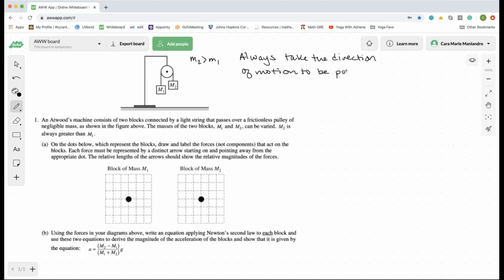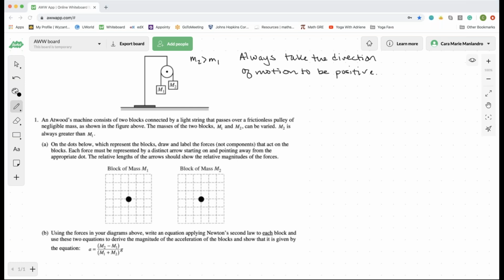Okay, so the first thing that they want us to do is to draw a free body diagram. All right, and we are going to denote the length of the arrow as being important for the force, okay? So let's start with M1. So does everybody agree that there are two forces acting on mass one, just gravity, and then the force of tension?